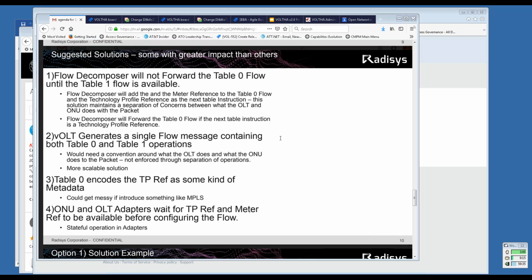But does it mean if we go that way, we'll have decomposition in all the adapters? And do we really want that? Well, I don't know. We're exploring, I guess.